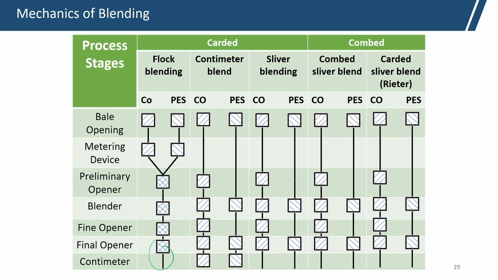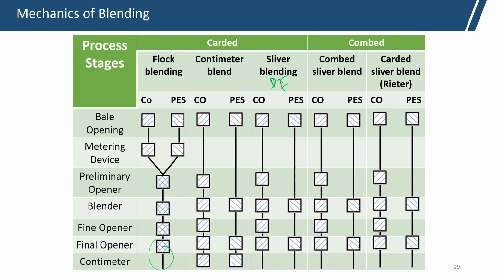So, it is actually blended at the later stage. And for sliver blending it is for the draw frame. At the draw frame stage, the polyester and cotton are processed separately depending on the different types of beating, and at the sliver stage, the draw frame stage, it is blended.